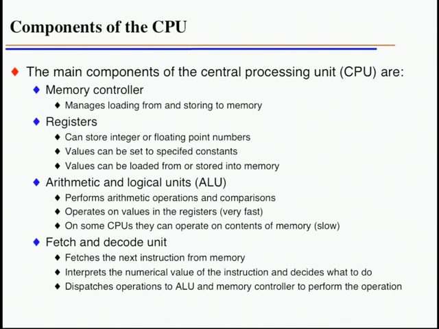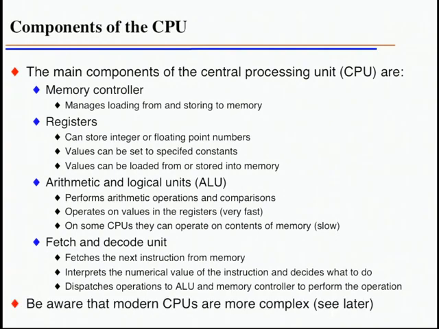So that's the broad part of what is in your CPU. You should note that the reality is far more complex for modern CPUs, and we will have a few examples of that later on.